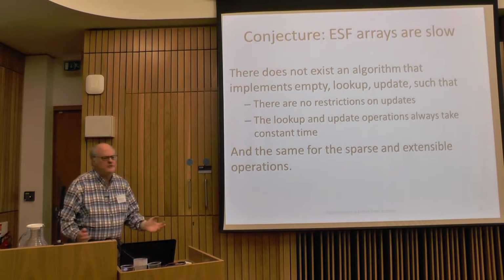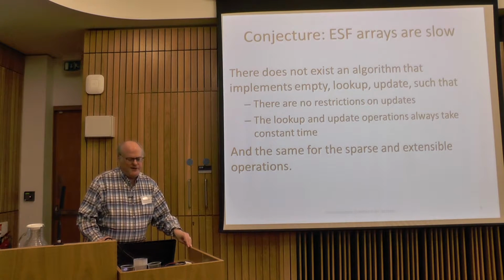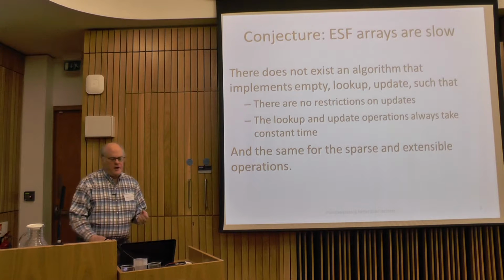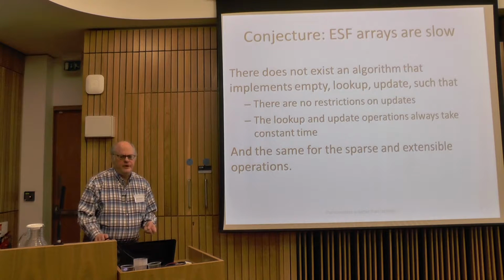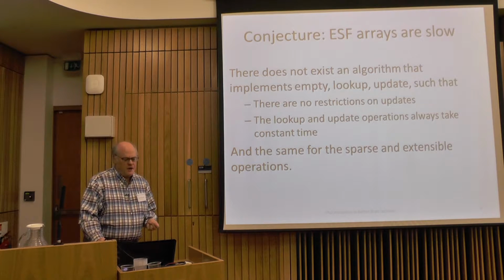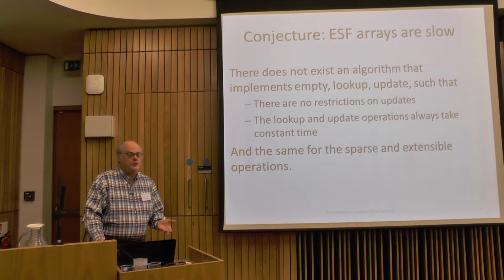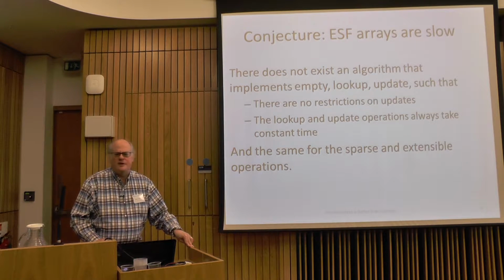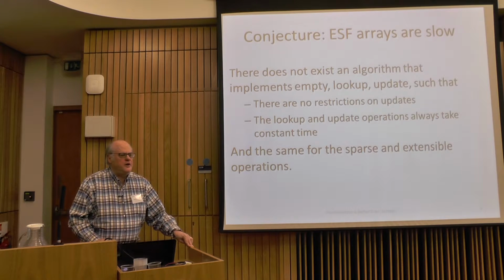And I'll make a conjecture, which is that this data structure is slow. What I mean by that is there doesn't exist an implementation of the operations that gives you order 1 access for all operations, regardless of the history of updates that you've done.